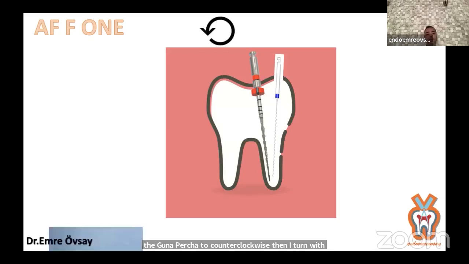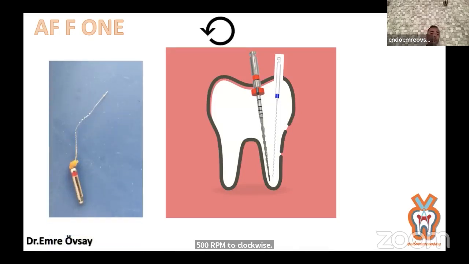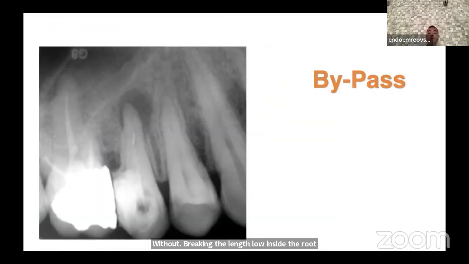Then I remove the lentulo easily from the root canal. It's sometimes a disaster to break the lentulo inside, but I removed it without breaking it inside the root canal. It was an easy way to remove that instrument.